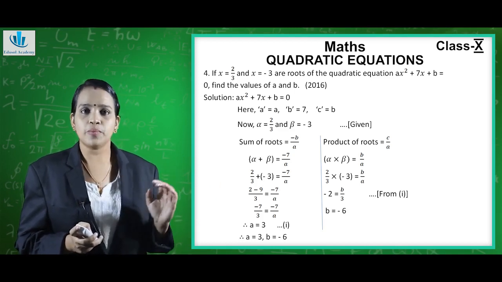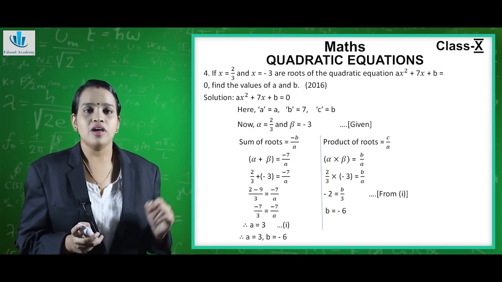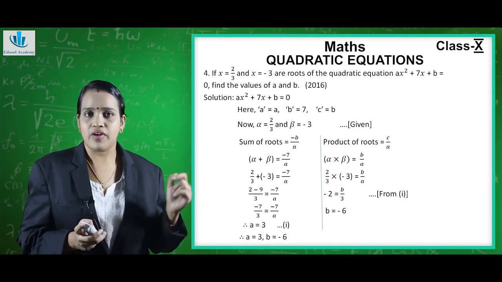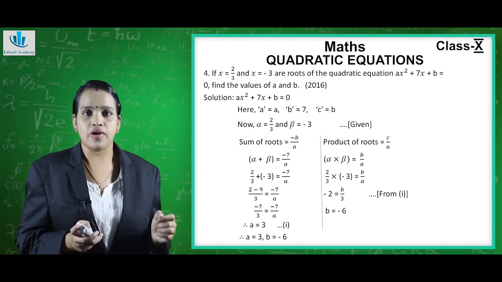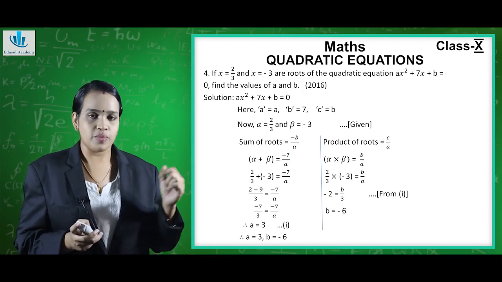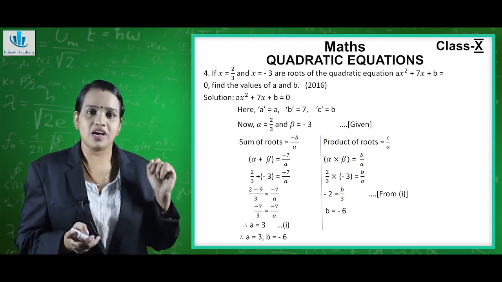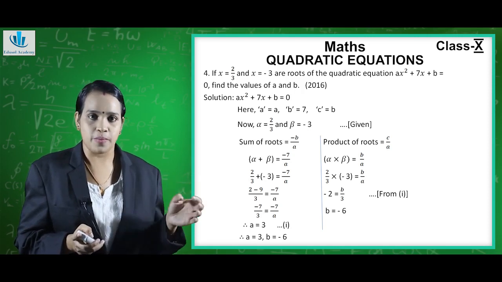Now we will take the product of roots. Product of roots is equal to c upon a. Product of roots is nothing but alpha into beta, which is equal to the c value, it is b upon a, the a value it is a. Now alpha into beta, we can put the values over here. So it becomes 2 upon 3 into minus 3, which is equal to b upon a.